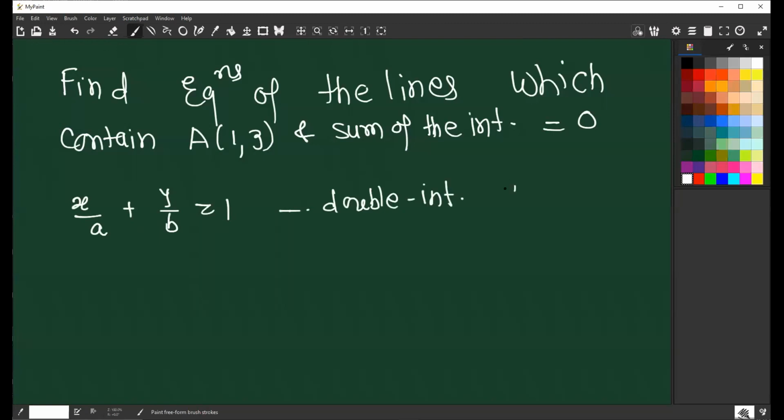शॉर्टकट भी है, वो भी दिखाऊंगी बाद में. ये तो double intercept form है. Are you trying?